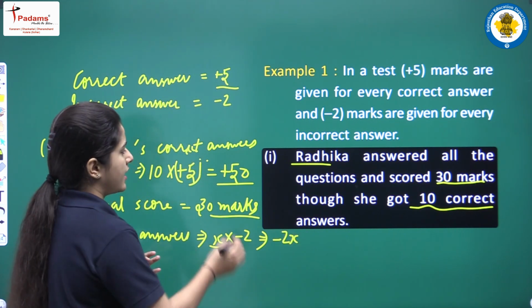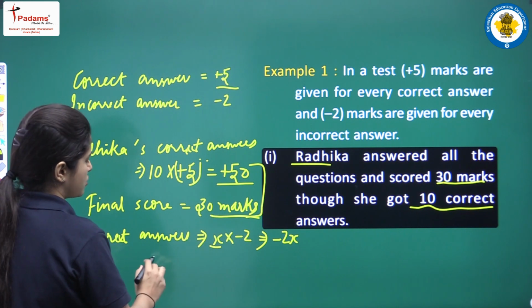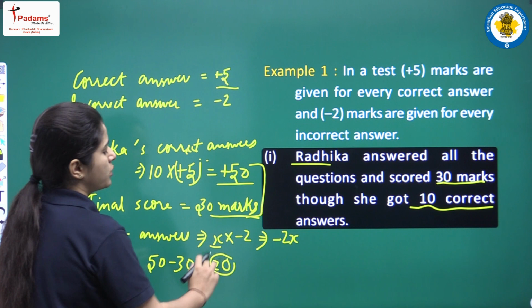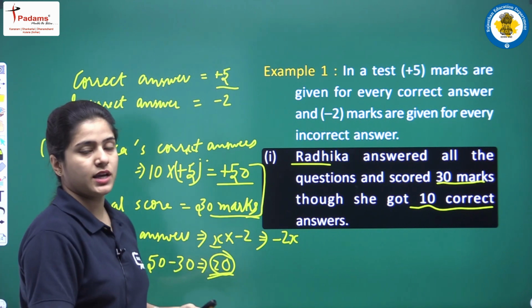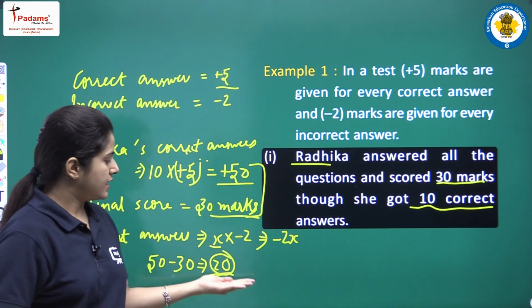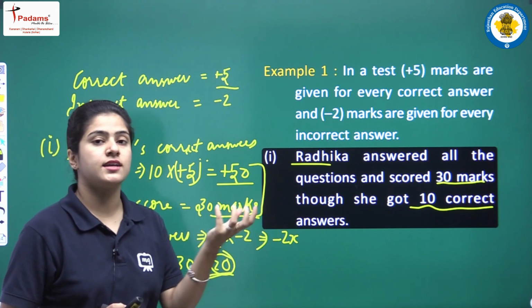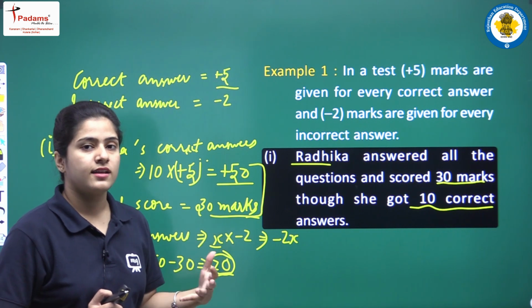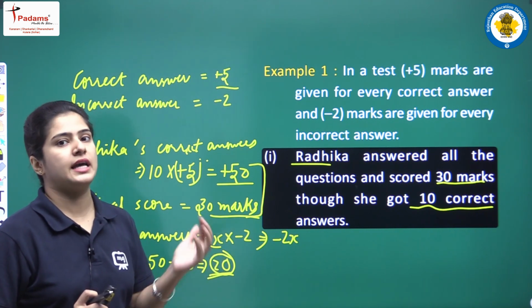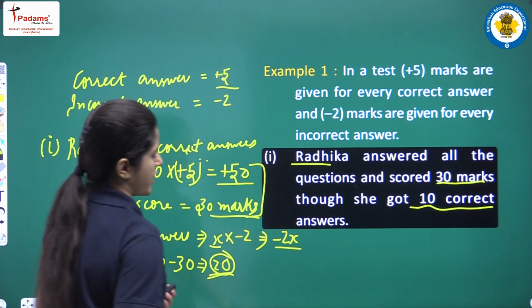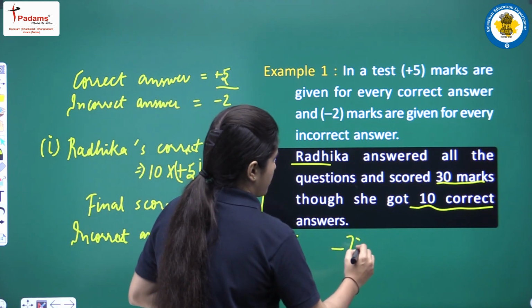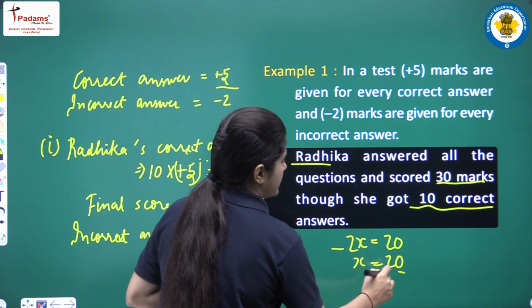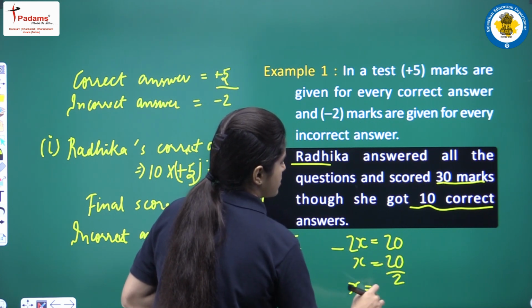Okay students, now the difference in these two, 50 minus 30 is equals to 20 marks, which shows that the marks deducted are 20, and the marks deducted denotes the marks that are struck due to incorrect answers, that is equal to minus 2x. So minus 2x is equals to minus 20, which gives x is equals to 20 divided by 2, which means that x is equals to 10.